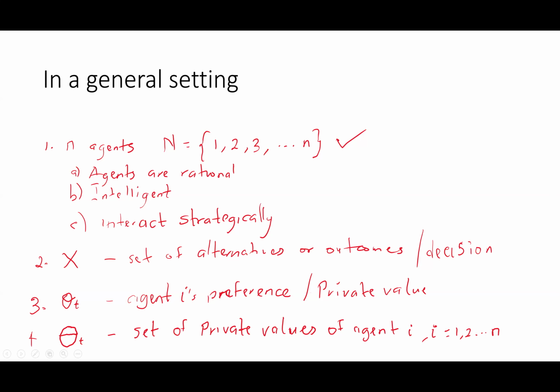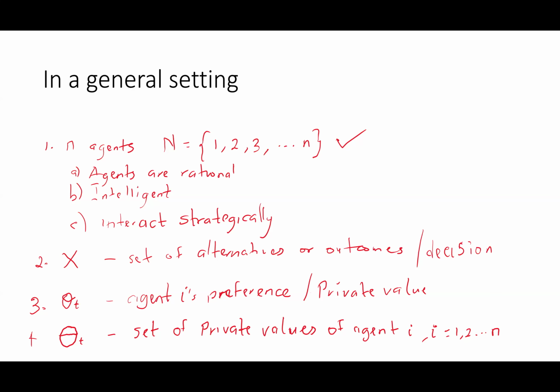And this small theta is coming from a set of theta that has got to do with the individual private values. So the person has lots of preferences in this case, but at every point in time, the person has one that the person really prefers.